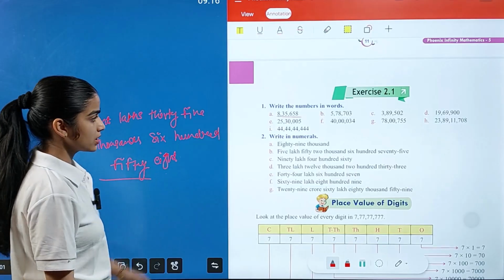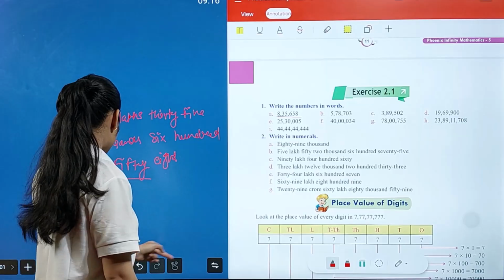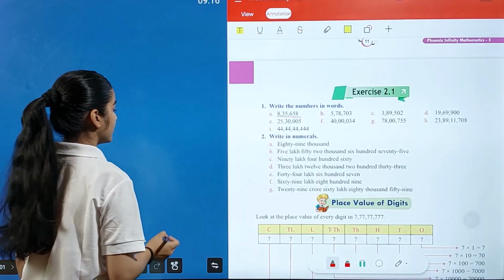So this is the number in words for part A. Now we move forward to the second one, that is 5,78,703.